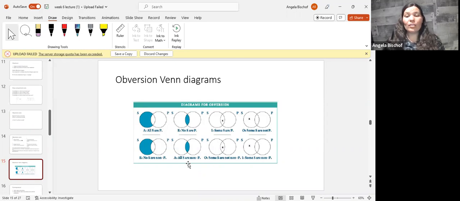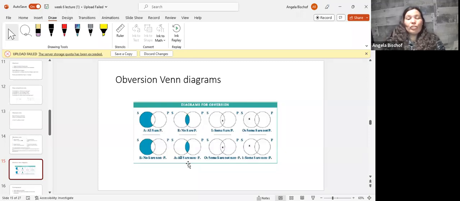Moving on, some S are P, that's diagrammed as usual. And then I look at the obversion, which is some S are not non-P. Treat the not non as a negation. Not non cancel each other out. We end up with the statement some S are P, which is the exact statement that we started off with. And then finally, last, some S are not P turns into some S are non-P.